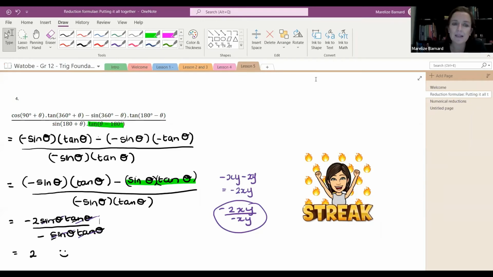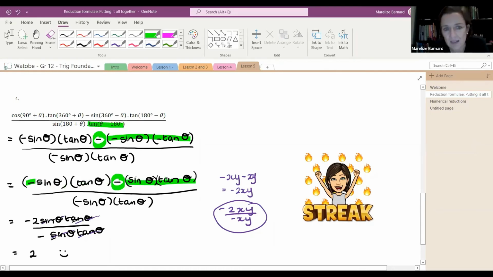So that basically comes from the previous step over here. Okay, so you see that a minus and a minus make a plus, so that's why it's positive. But then we still have this minus, so that makes it negative over here. And then minus sine theta tan theta minus another sine theta tan theta gives me minus 2 sine theta tan theta.